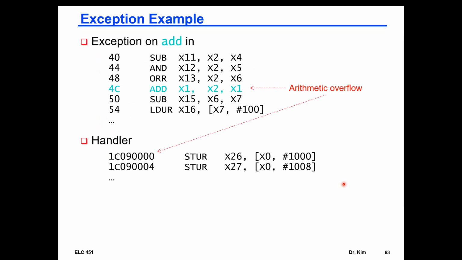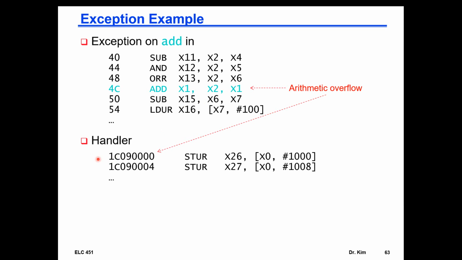So let's look at the same instruction that we were pointing at here. It causes an overflow. We prevent register 1 from being written. We finish executing the previous instructions, but then we jump to where the handler is.